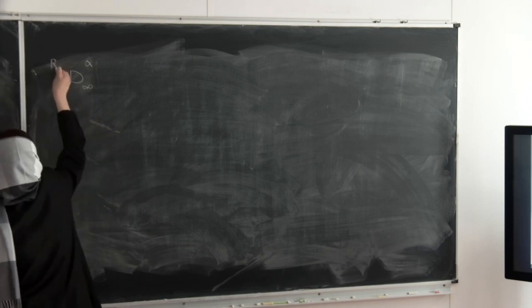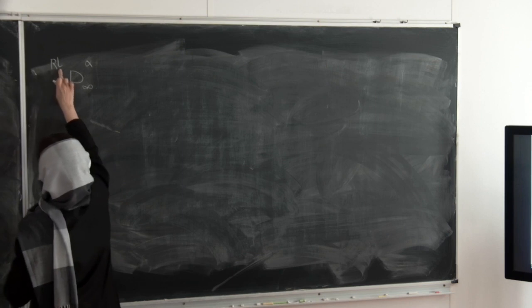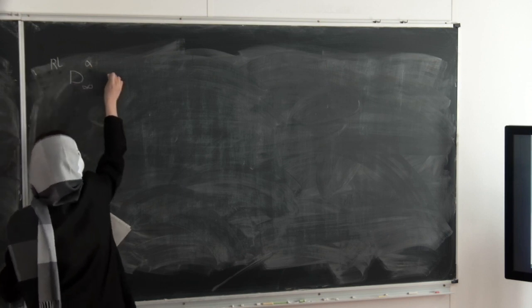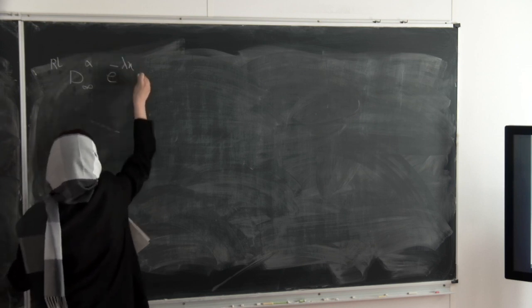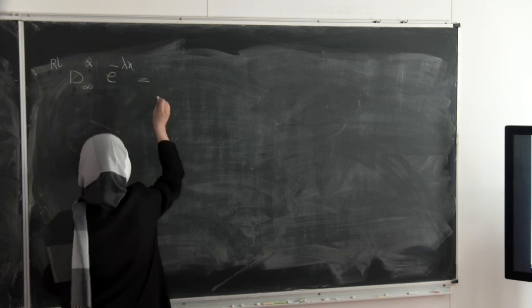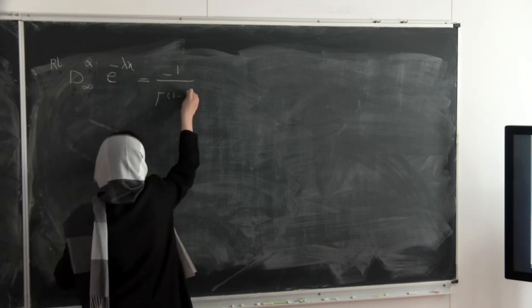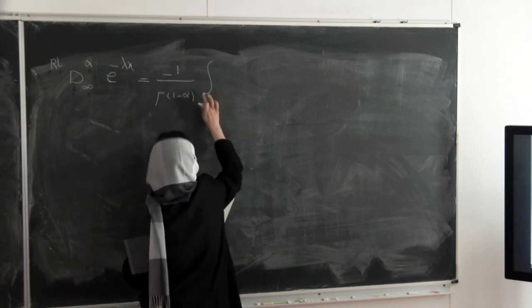The right-sided Riemann-Liouville fractional derivative of order alpha of e to the minus lambda x. From the definition, we know that it can be obtained from this integral.